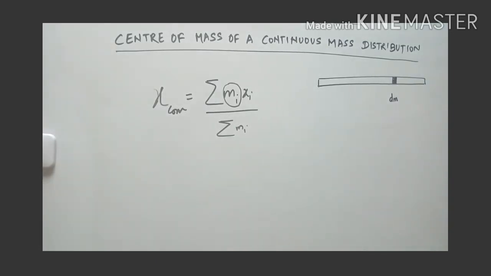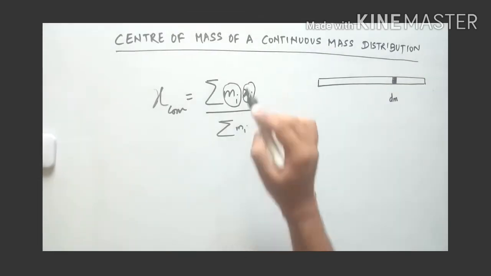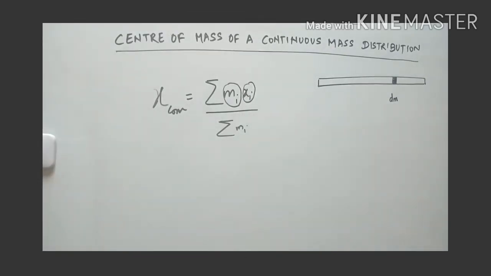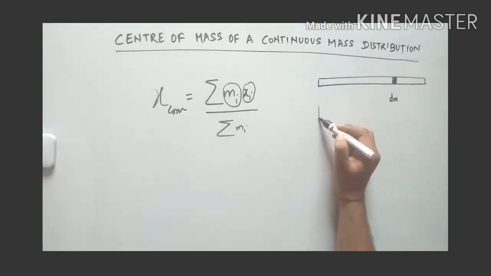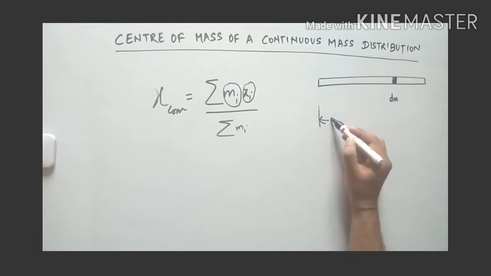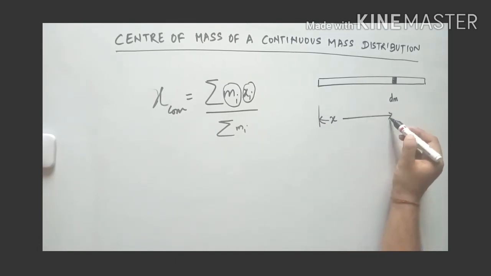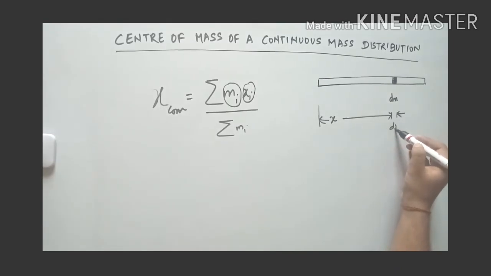What is xi? Xi is the position of mi. So here I'll have to locate the position of dm, and this is the length dx. And what is the summation?